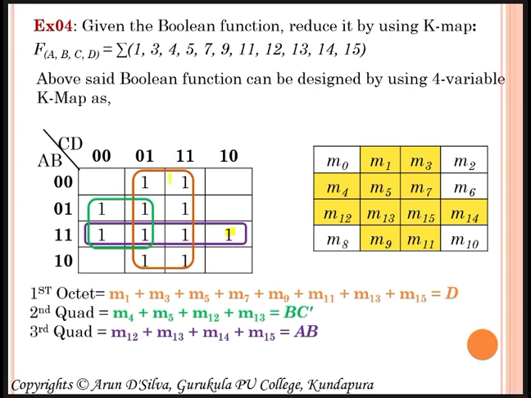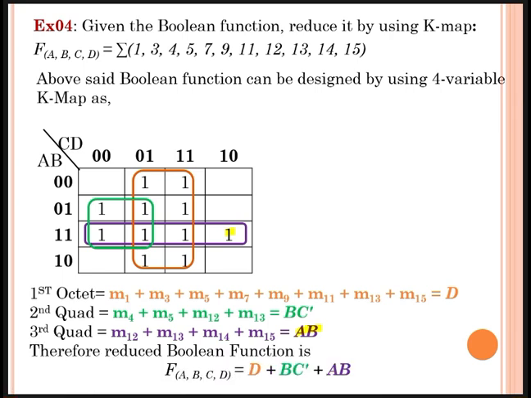But this belongs to all the columns, therefore C and D's value will change. So no need of considering C and D variables. Only AB we have to consider. AB's value is 1 1, therefore the reduced min term becomes AB. Now all the logical ones are involved in the groups, therefore we can go for the final reduced Boolean function: f of ABCD equal to the first term D plus BC dash plus AB.